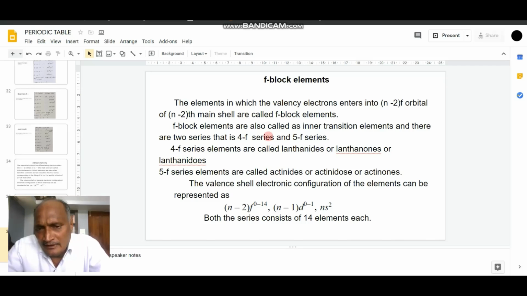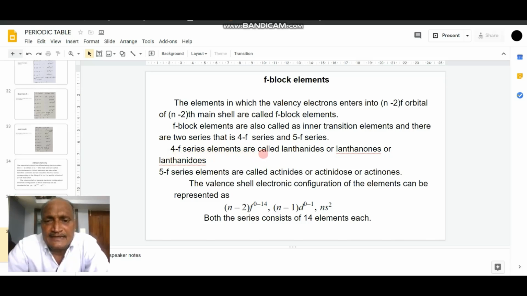The elements in which the electron enters the anti-penultimate orbital are called inner transitional elements, and there are two series, that is the 4f series and the 5f series.